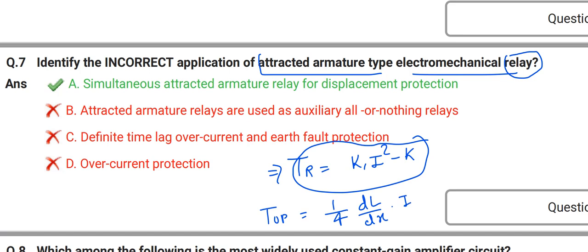Electromagnetic induction relays are applicable for AC relaying purposes only, and electromechanical relays for both AC and DC. So they are asking for the incorrect application: the simultaneous attracted armature relay is not used for displacement protection.